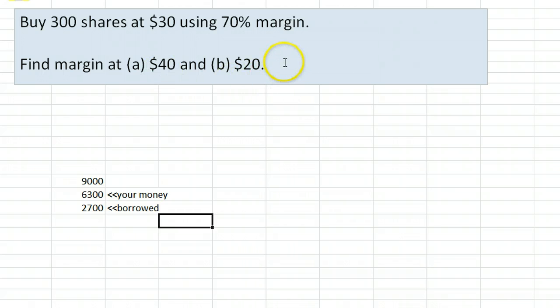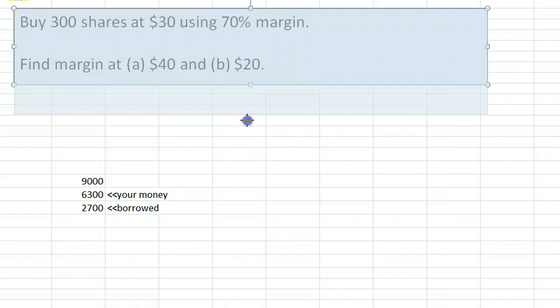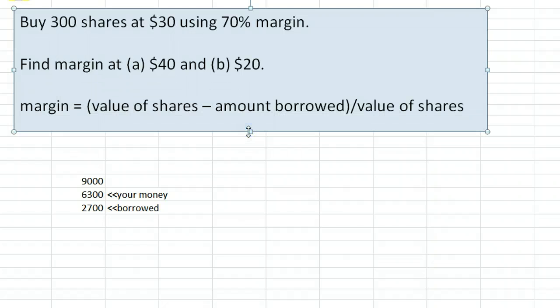To figure these things out, we're going to use the formula I've been hiding from you here, which says that the margin is equal to the value of the shares, all of them, minus the amount that you've borrowed. That represents the amount of the investment that is yours. So if you take the value of the shares and subtract out the amount that you borrowed, you get the amount of the investment that is yours. You then divide by the value of the shares, which turns it into a percentage, because margin is a percentage.